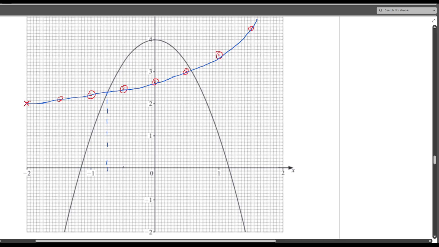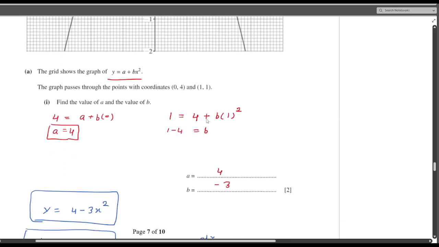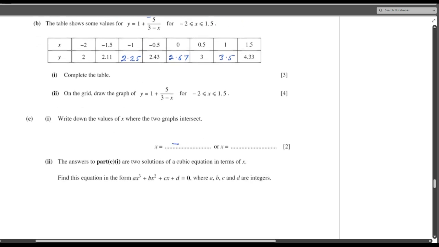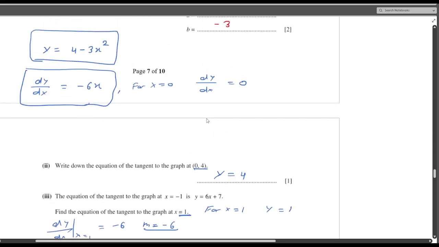So this is -0.6, -0.7, -0.75. So -0.75 is one value.